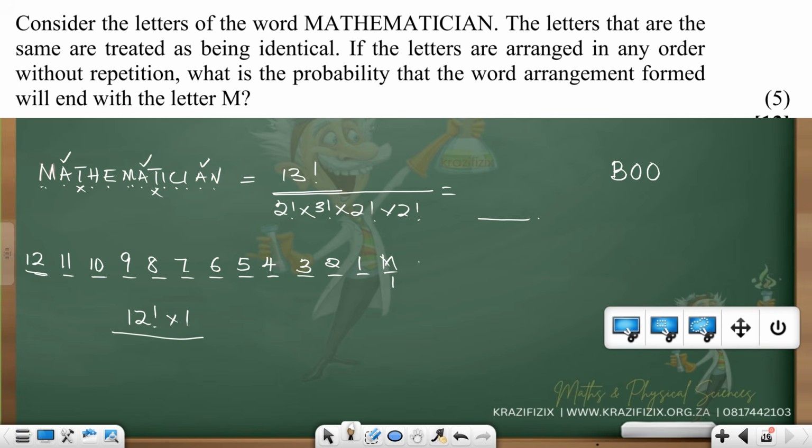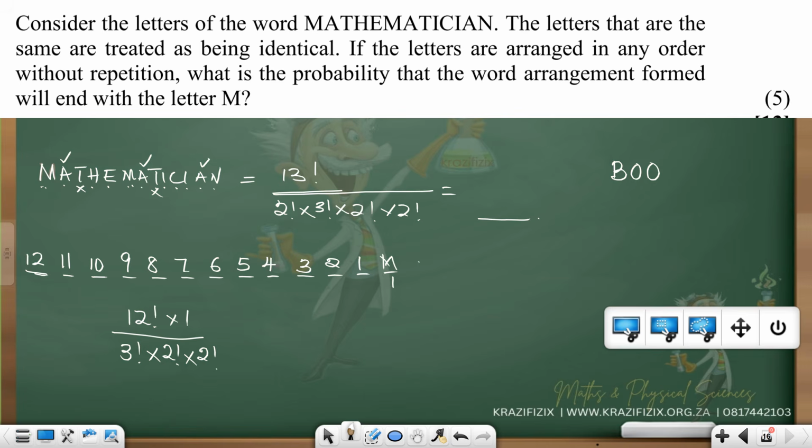Guys, I have to remove the repeated letters again. Because it will be the same word. Which letters are repeated? A. How many A's do we have? 3 A's. How many T's do we have? What else? I. Is it making sense? So we don't account for the 2 M's. Good. Now, what happens to my M?